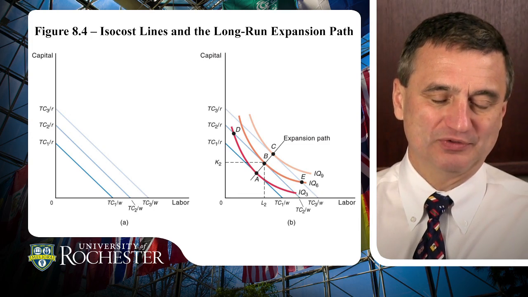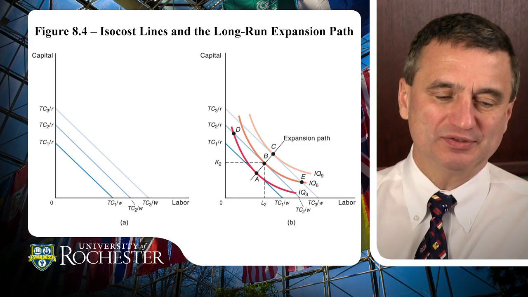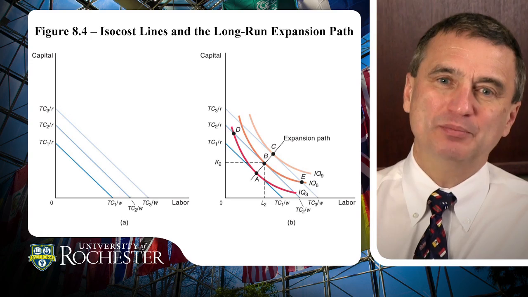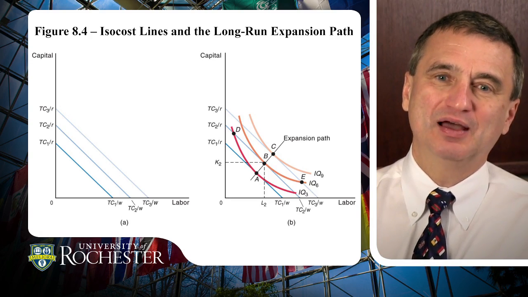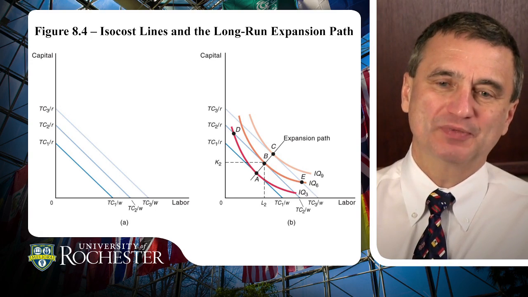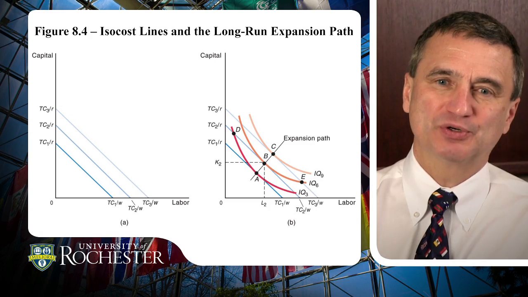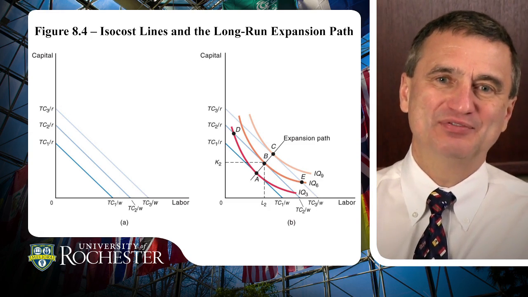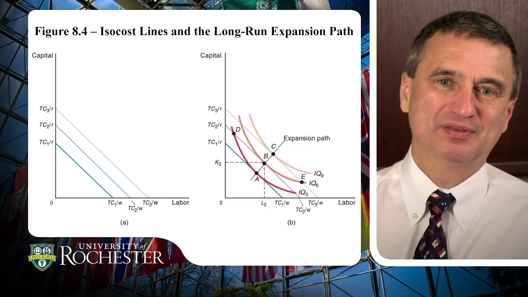What the rightmost panel shows is now we're combining isocosts with isoquants and asking the question, if we had a certain amount of expenditure that we could make on inputs, what's the highest level of output we could achieve?